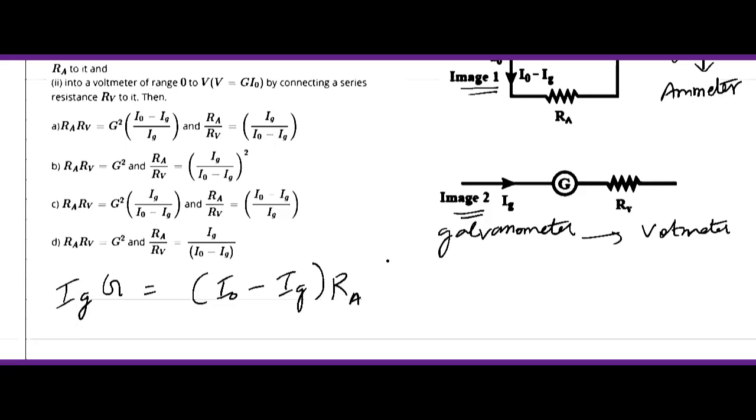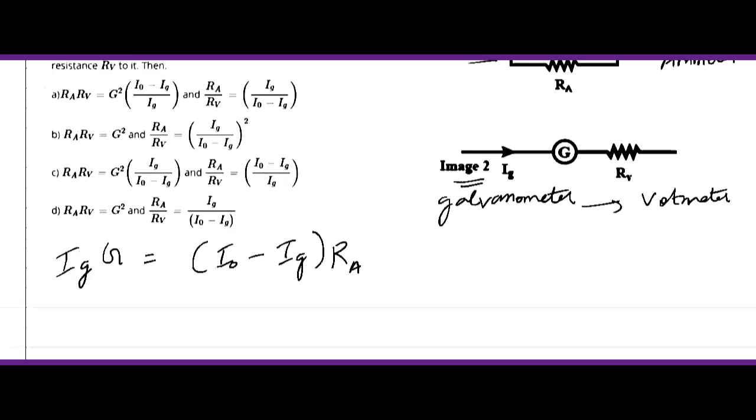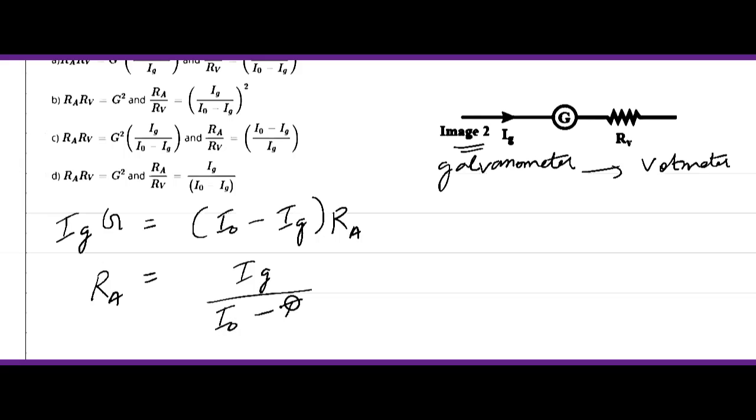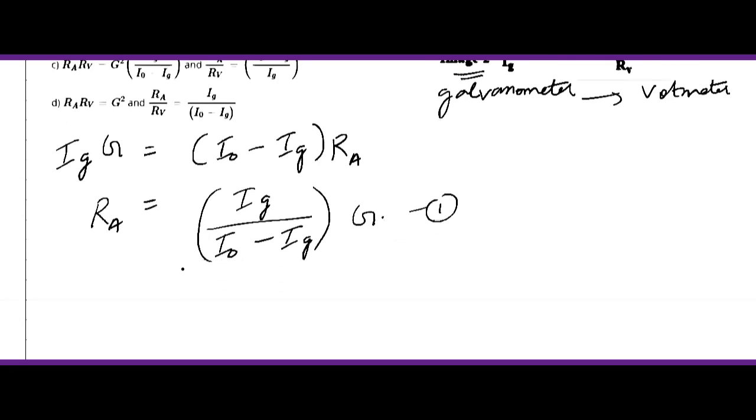Now let me find Ra by simple rearrangement: Ra is equal to Ig upon (I0 minus Ig) times capital G. Let me mark this as equation number 1. This is for galvanometer to ammeter.